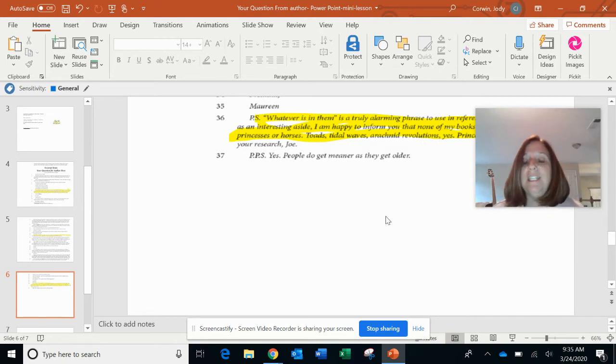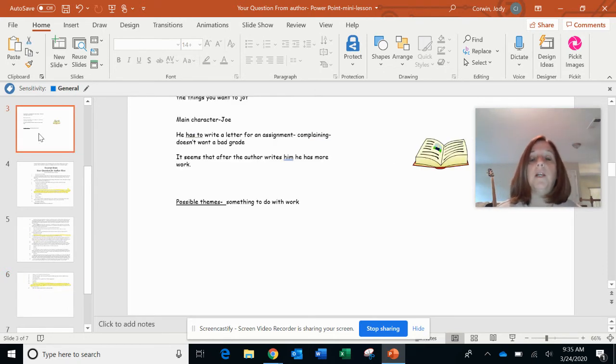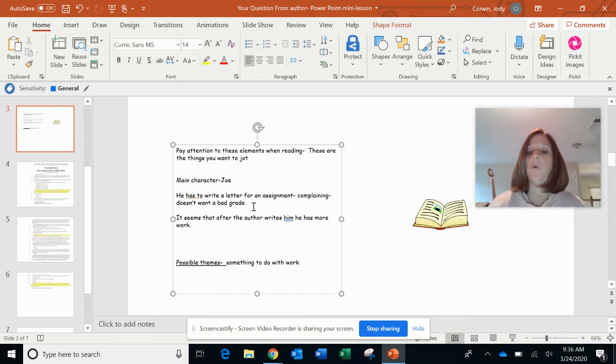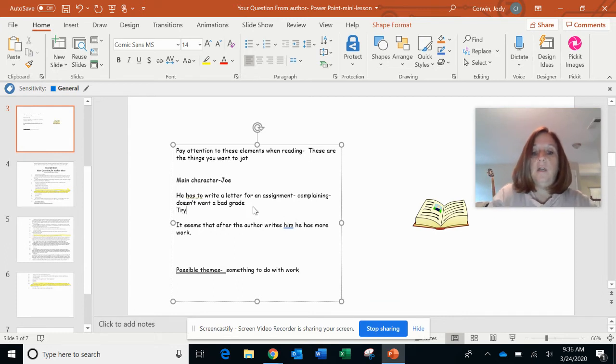And so he really doesn't get any help, and he ends up having to do more work. That's what I wrote here: it seems that after the author writes him, he has more work to do. So instead of just doing it the right way the first time, he's trying to find all these shortcuts. So those are other things that I want to jot down.